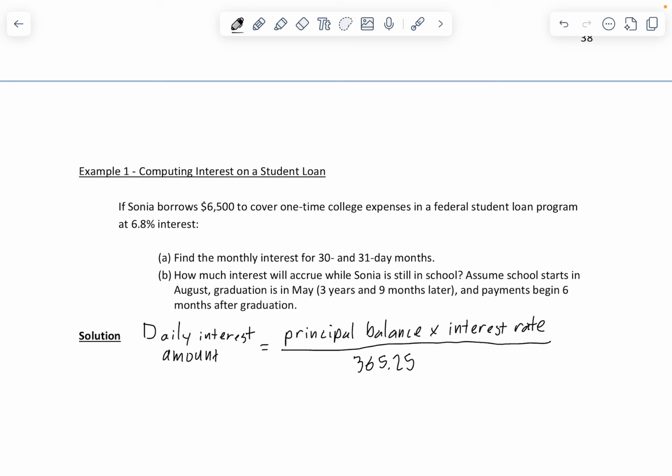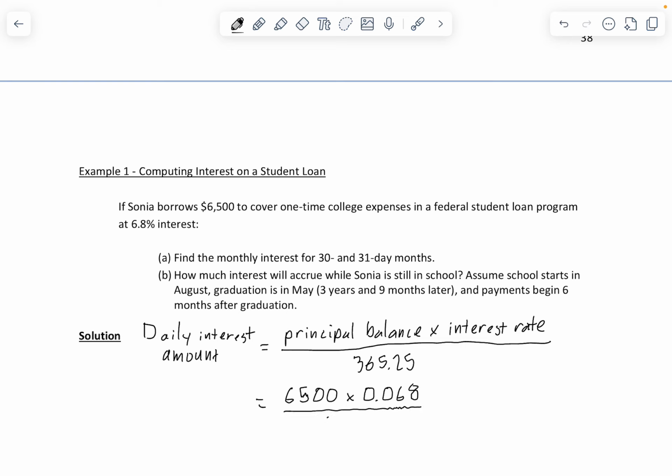All right. So the principal is the amount borrowed. That is the $6,500. The interest rate is 6.8%. As a decimal, that's 0.068.